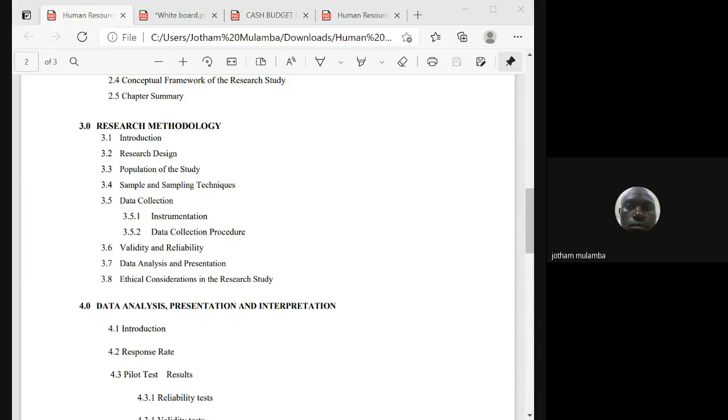We have close-ended questions or structured questions, depending on the books you are using. If we are using, let's say, CHRP, we refer to them as structured questions. Mugenda and Mugenda refer to them as close-ended questions: those questions that have multiple choices. For example, if we are researching factors affecting employee productivity, and we are considering organization culture as one of the factors, we can ask, does organization culture affect employee productivity?